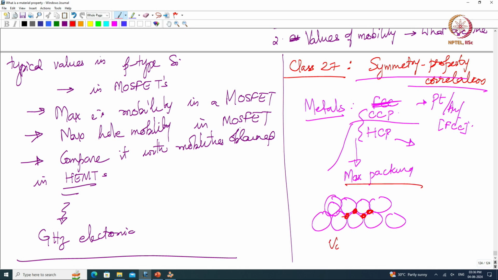The void fraction, the amount of void I have, is about 26%, right. So 26% is nothing, and the other 74% is filled with atoms.